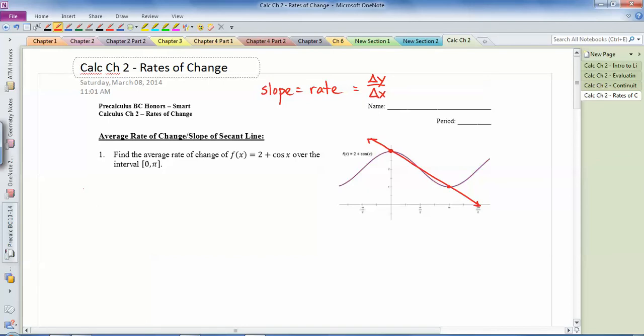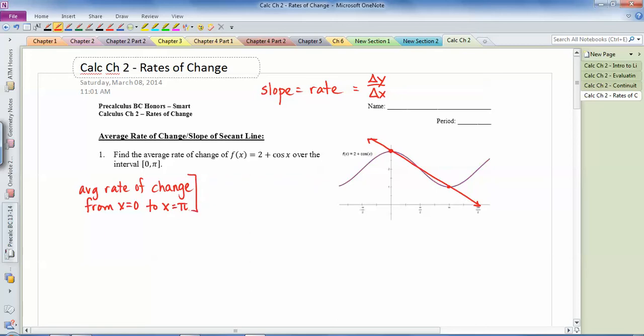So let's write this. Average rate of change from x equals 0 to x equals pi.